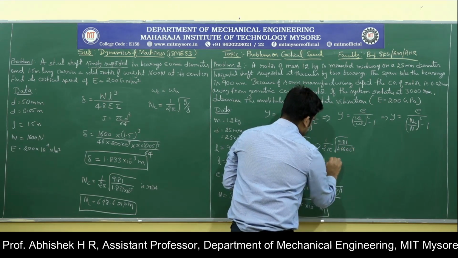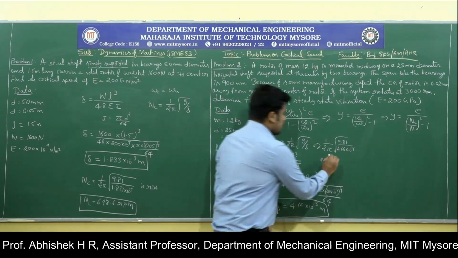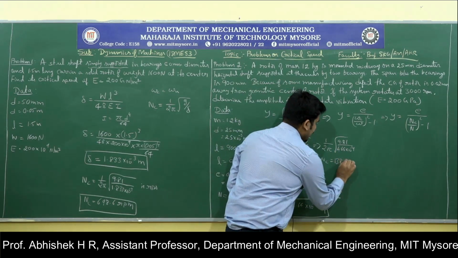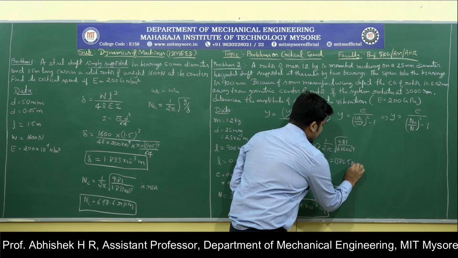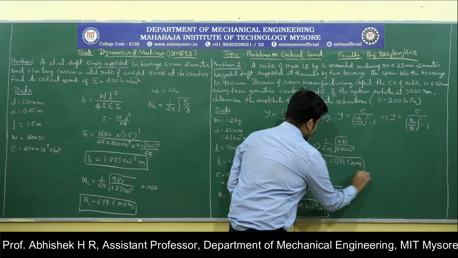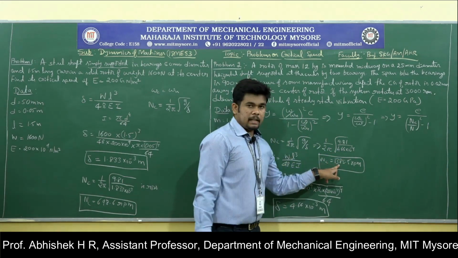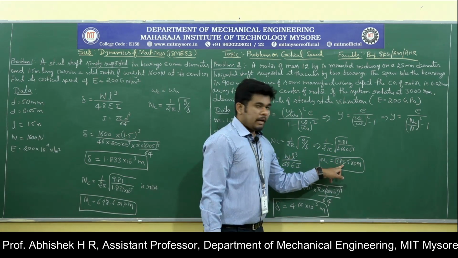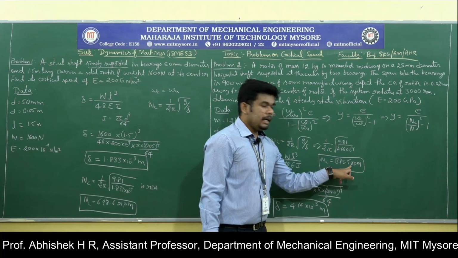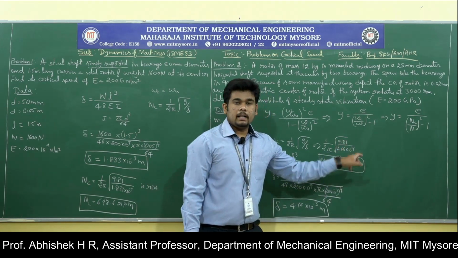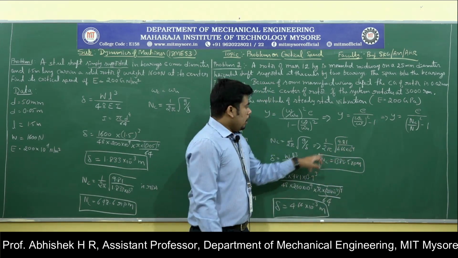So we will get Nc as 1385.5 RPM. If you do the calculation in your calculator, you will get the answer as 1385.5 RPM.